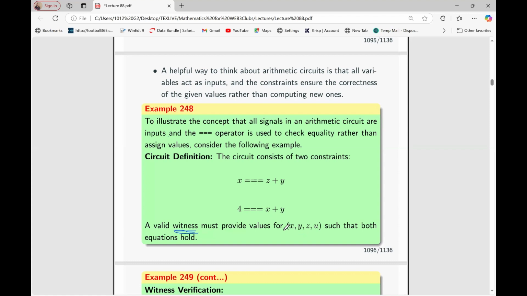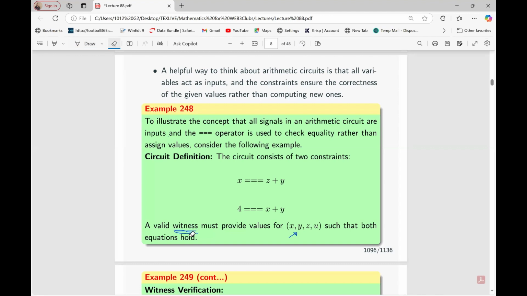But for our case, a witness would be the value of x, the value of y, the value of z, the value of u. So the prover must provide these witnesses. And so the x that is input here and the y, z, and so on must satisfy this equation, and at the same time satisfy this other equation, not just satisfy one equation and stop there.